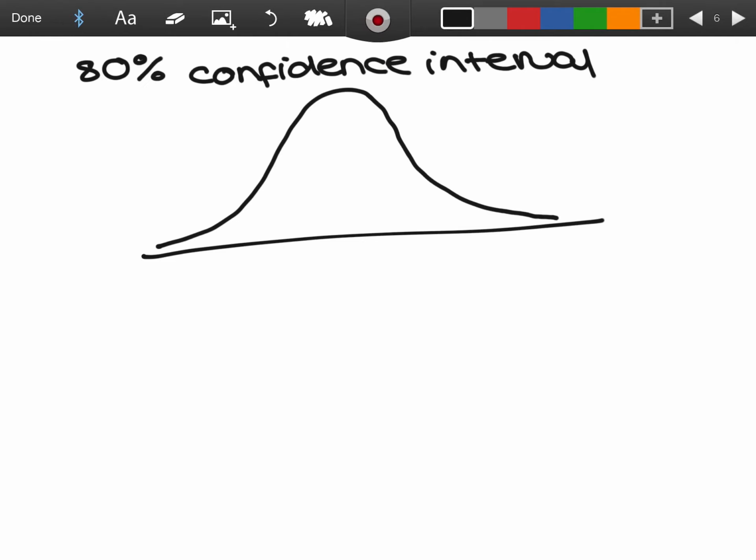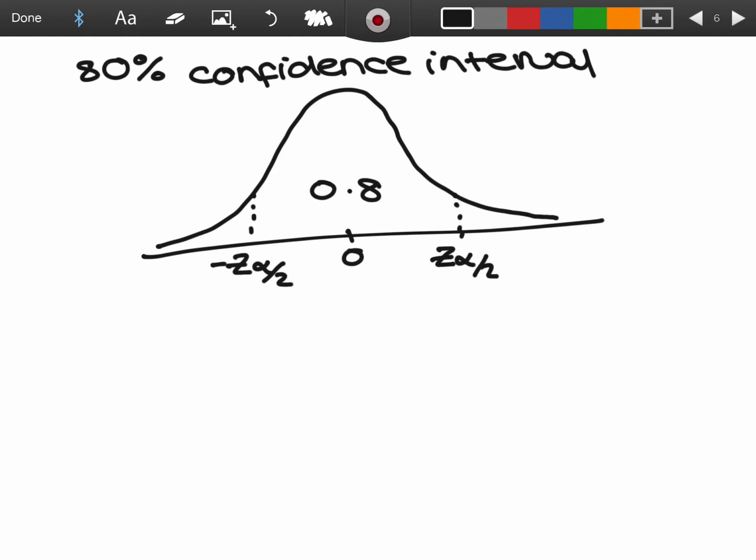Every time you do this, draw it out. You know that you want to be 80% confident, so take that area to be 0.8. That would mean that 80% of your data is going to lie between z of alpha over 2 and negative z of alpha over 2 with 0 in the middle. 0 is the mean. We are looking at a z value here. We are in standard normal right now.